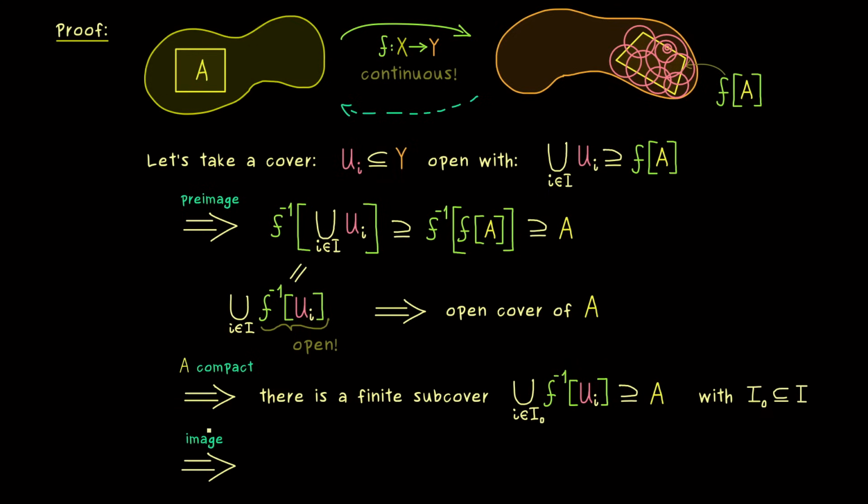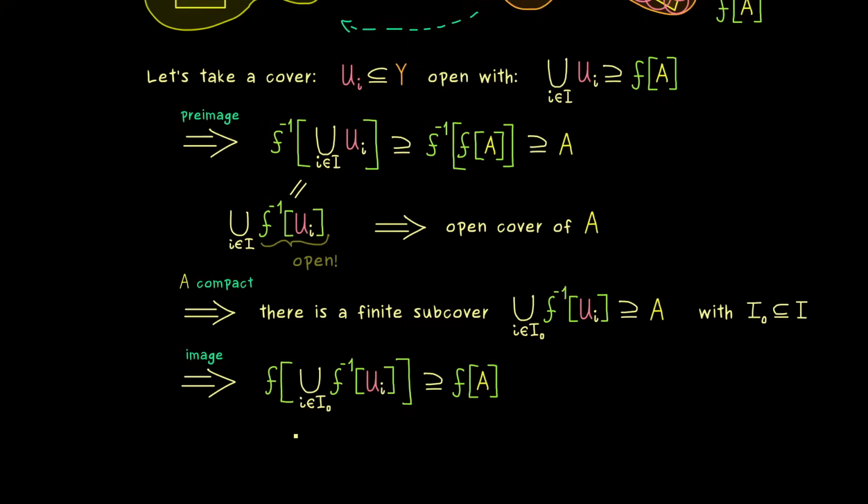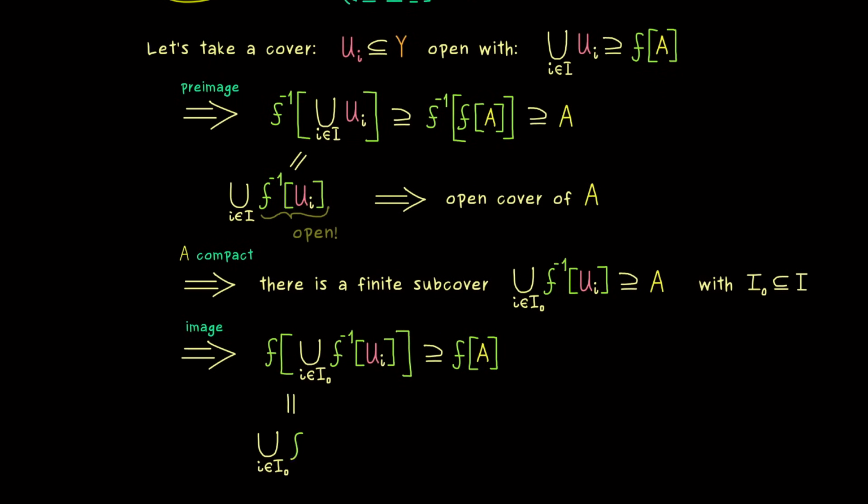And clearly we can just do that by using the image on both sides of the formula again. So on the left hand side we have the image of the finite union, and on the right we just have the image of A. So it looks like we are almost there, we just have to pull out the union a last time. But there we know we can do it, and we even have an equality.